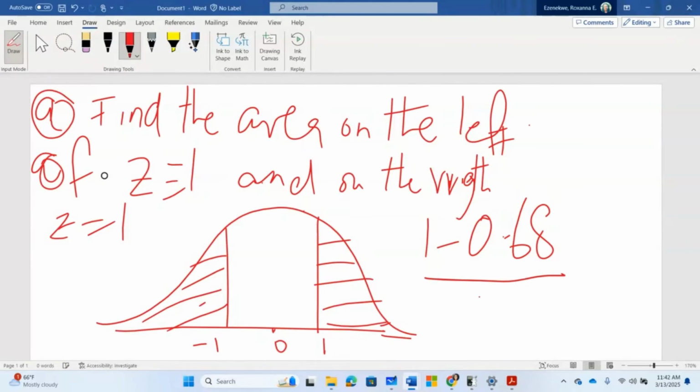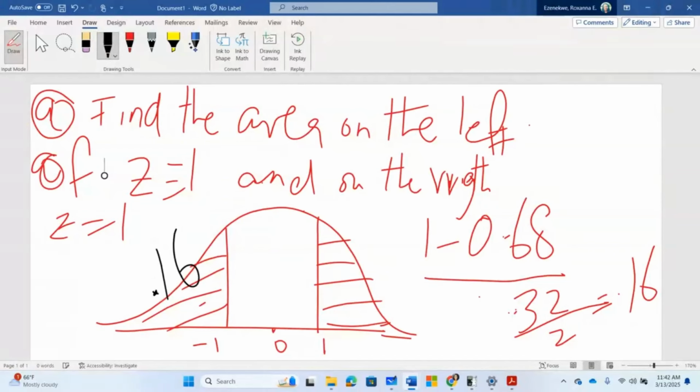When we subtract, we have approximately 0.32, which is the sum of these two areas. And if I'm told to find each area, I'll divide by 2. This is not even a big deal. So 0.16. So area on the left-hand side is 0.16.